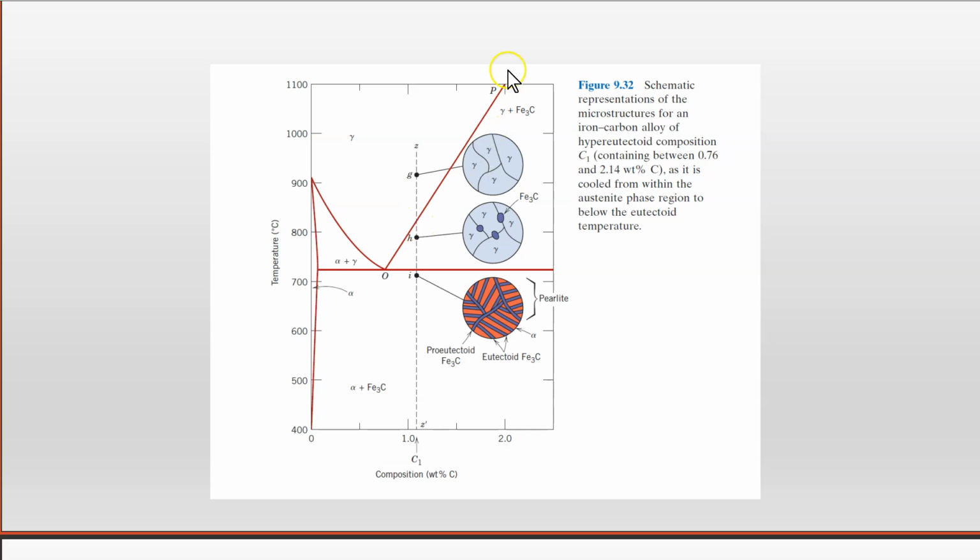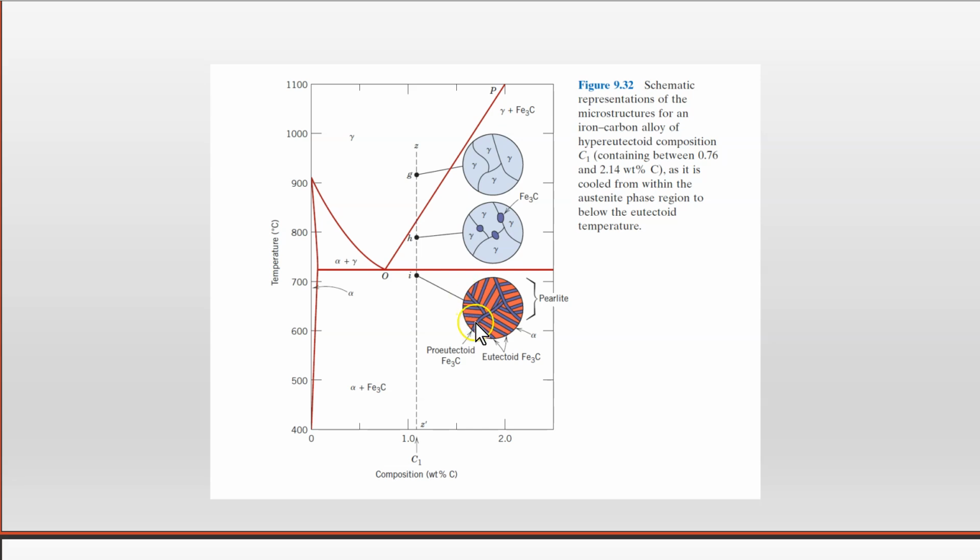As we go below this line here, PO, we start precipitation of the cementite at the grain boundaries. Cementite is a very hard material, and the carbon composition of the gamma will reduce until we reach point O at this temperature, and at that point the austenite will transform into pearlite, under a moderate cooling rate.